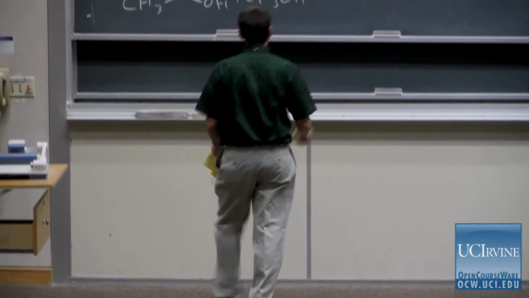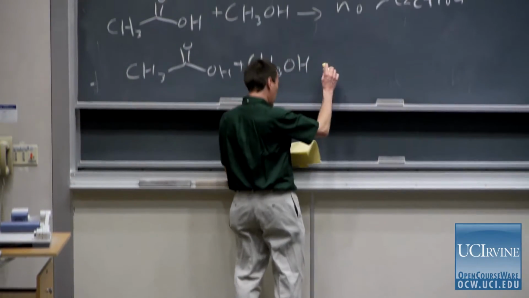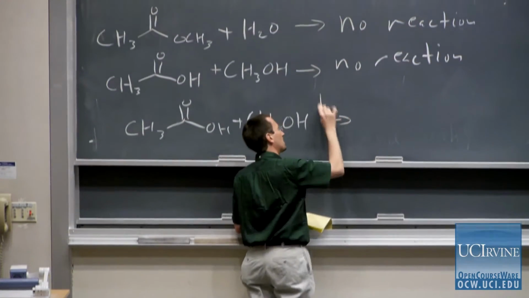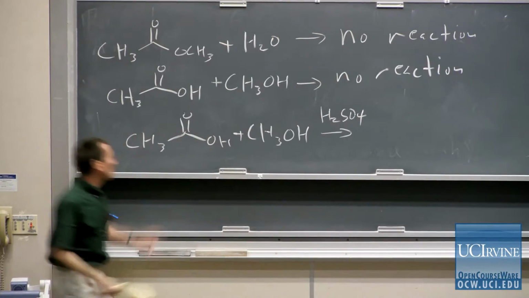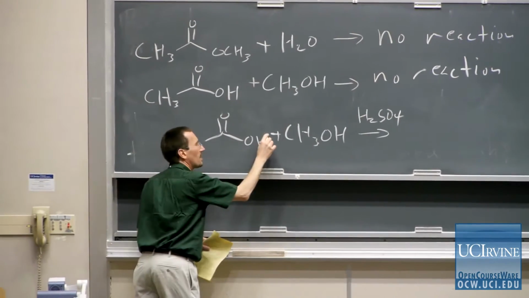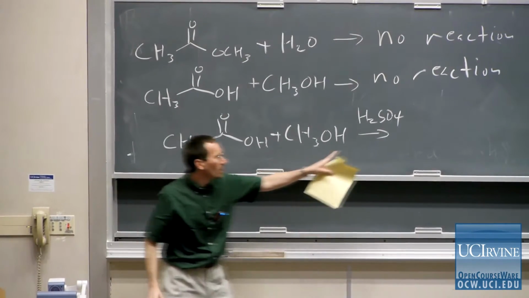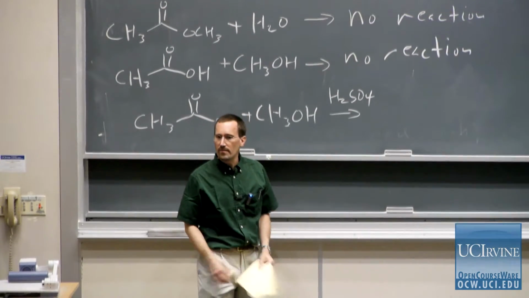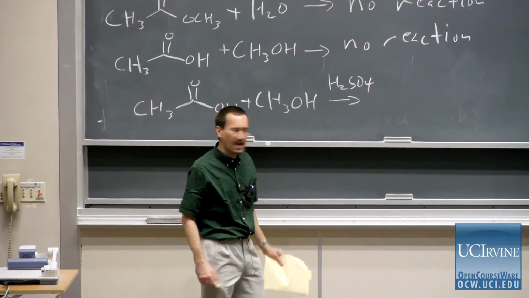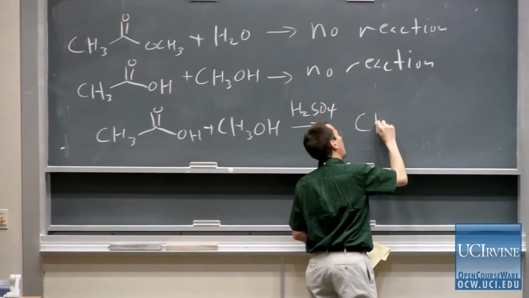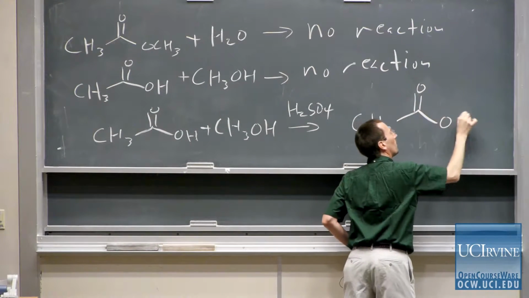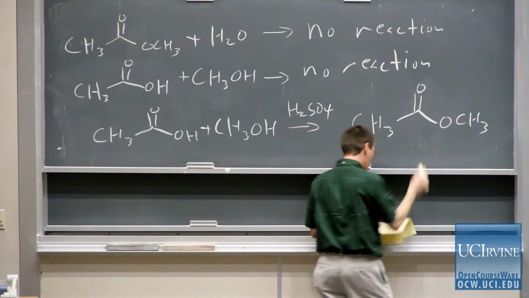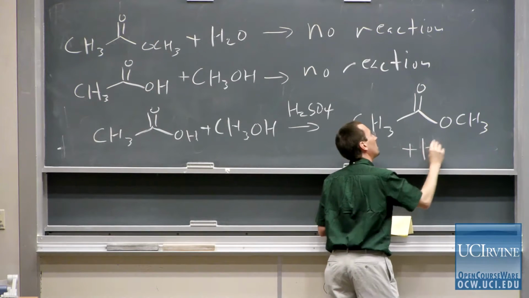In other words, you protonate it in the presence of a very strong acid. So I could write that if I take acetic acid and mix it with methanol in the presence of sulfuric acid, I get methyl acetate. And I get a molecule of water.